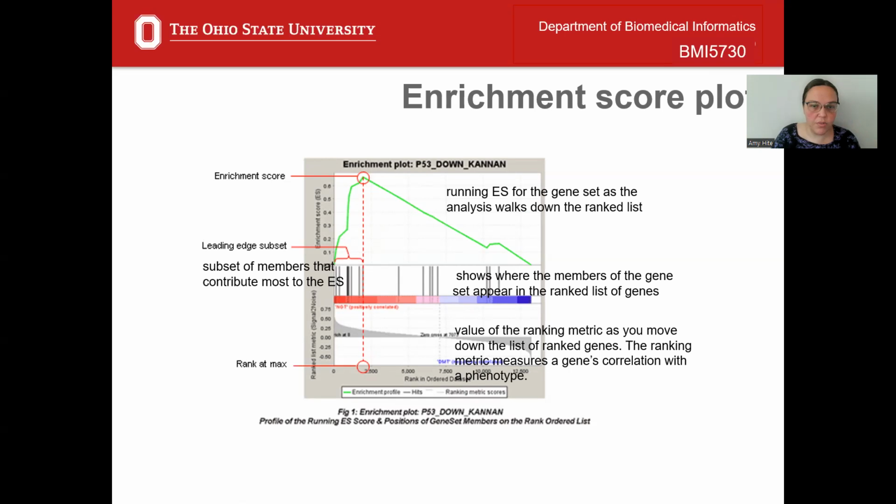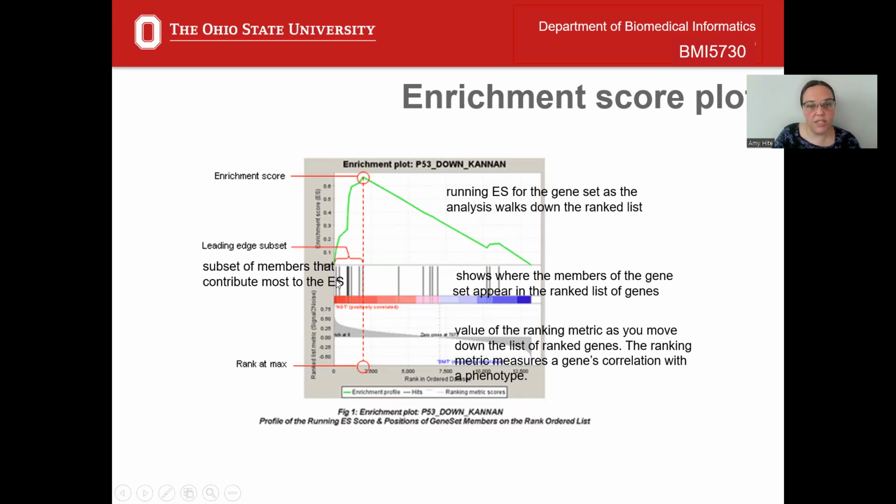It's going to walk through, starting at the beginning, and this is just for one side. So for genes that are most differentially expressed for our normal samples, it's going to walk through, and for every gene in the term that it hits, it's going to add to the score.